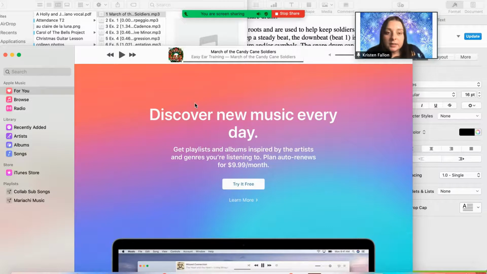Can anybody tell me where the single harp arpeggio, a descending arpeggio, came in? Well, let me restart the song.